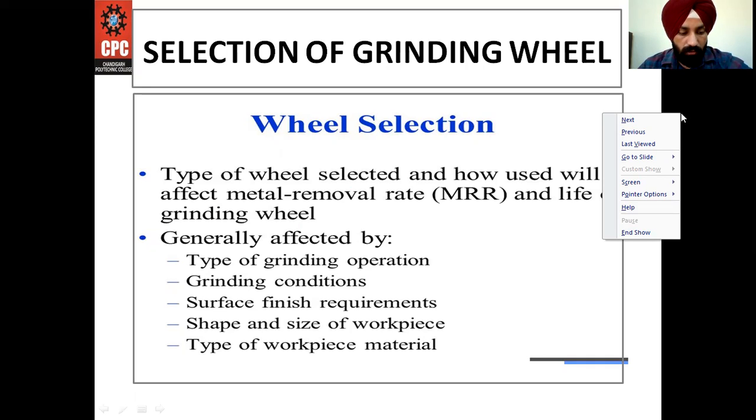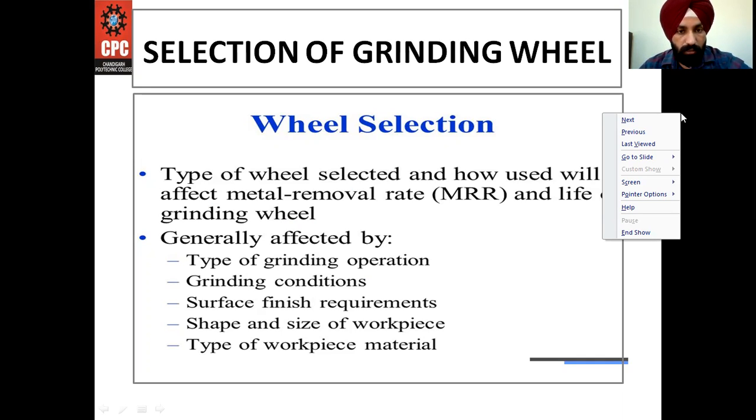In selection of grinding wheels, there are four concerned factors: material to be ground, amount of stock to be removed, area of contact, and type of grinding. There are variable factors: wheel speed, work speed, condition of the grinding machine, and personal factors.